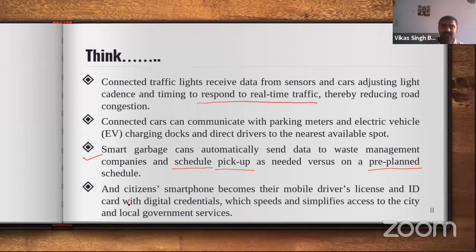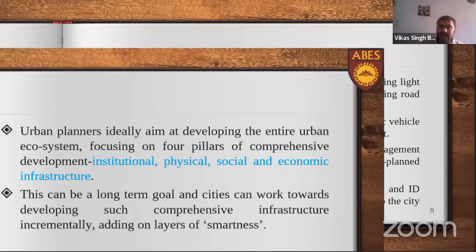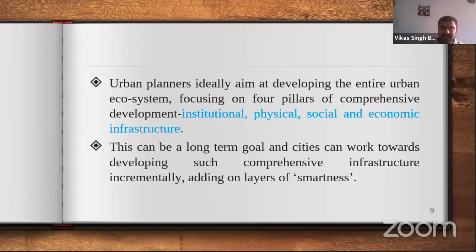So all this data can be accessed only when the cities, or the different objects in the smart cities, are interconnected through ICT devices. And as I have already mentioned, sensors are a must for this purpose, because the first part is to sense that particular event.